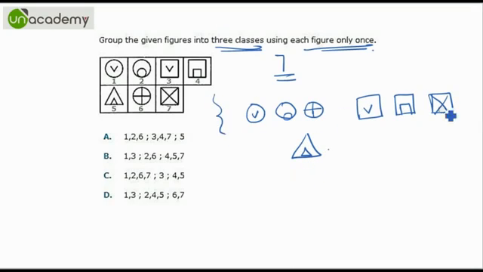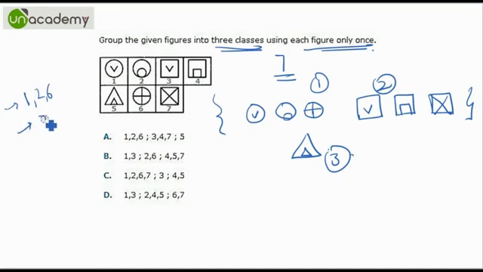So these can be the most probable groups, group 1, 2 and 3. So 1, 2, 6 will fall into one group, 3, 4 and 7 will fall into another group, and 5 will fall into a separate group. So that is the correct answer.